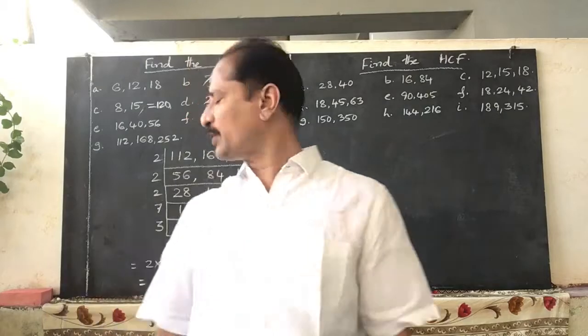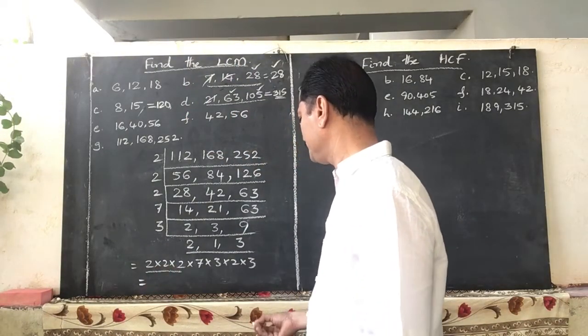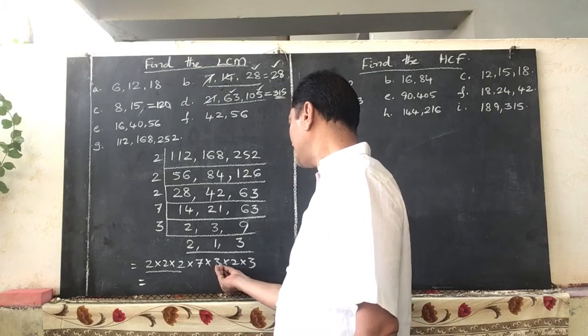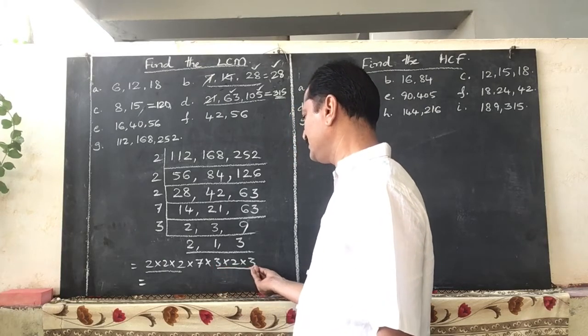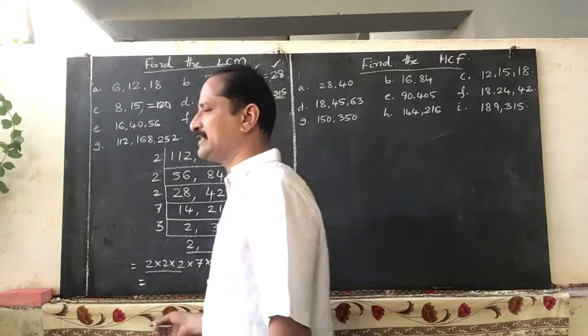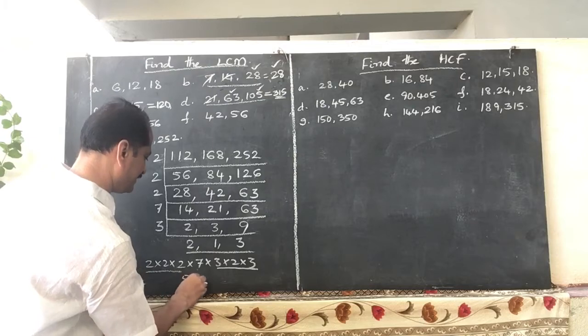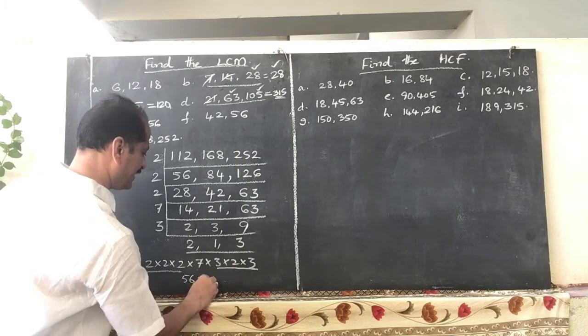Now observe carefully the product. 2 2s are 4, 4 2s are 8, 3 2s are 6, 6 3s are 18, 8 7s are 56, 56 into 18.